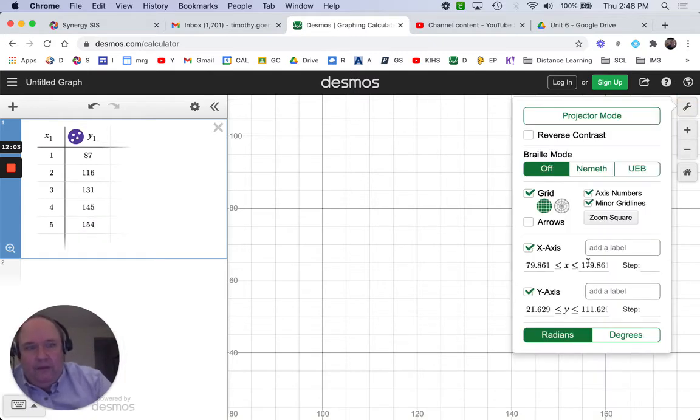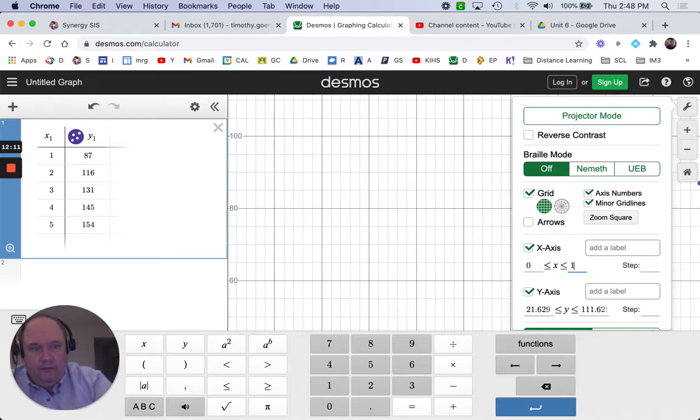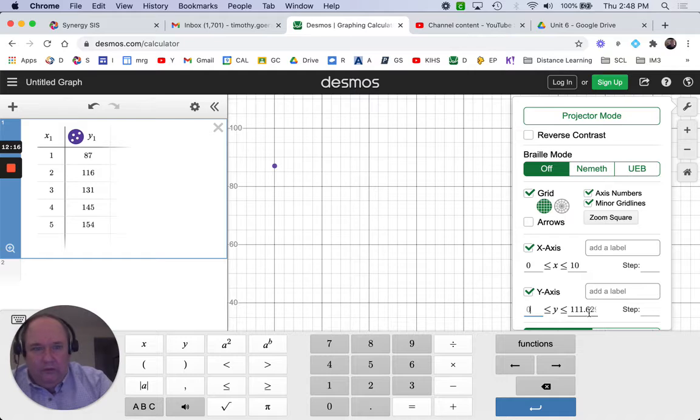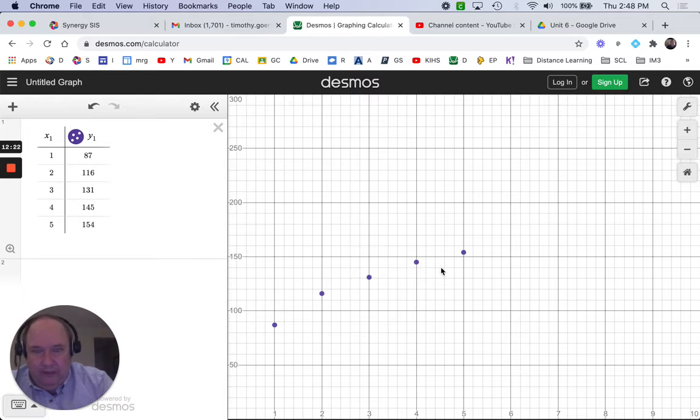To see it on the graph, we're going from 0 to like 10, let's say. And then on the y-axis, it's like 0 to, let's say, 300. So there you see the picture right there of the points.